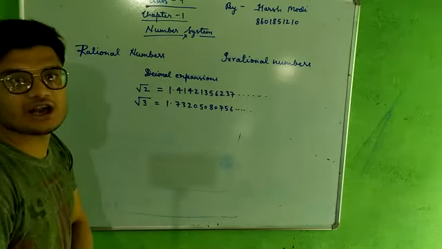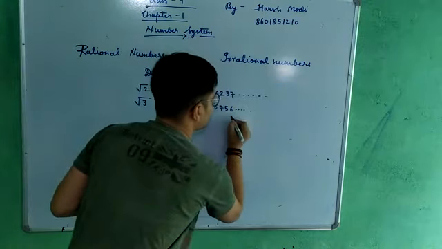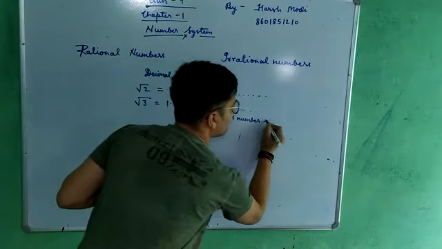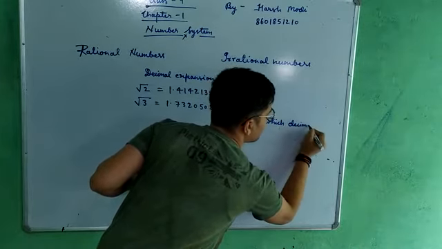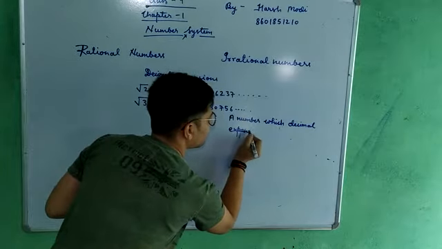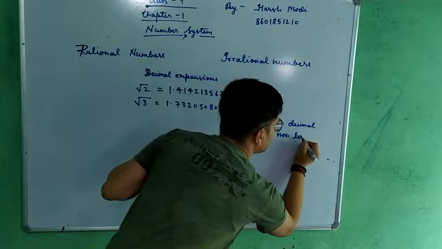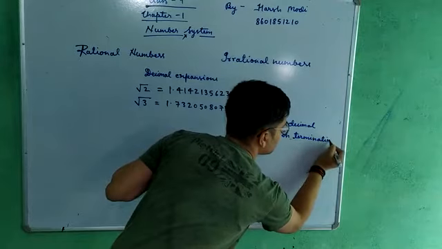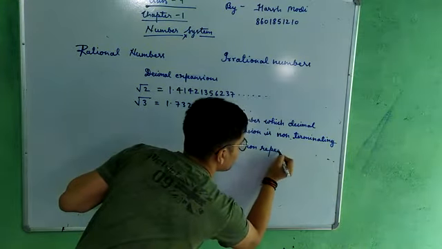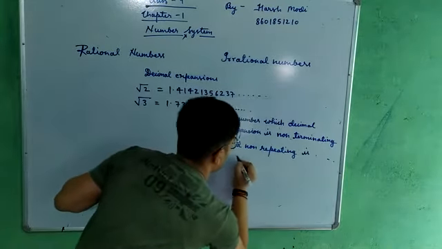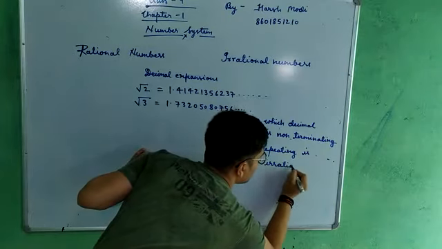So what we find is that a number whose decimal expansion is non-terminating and non-repeating is called an irrational number.